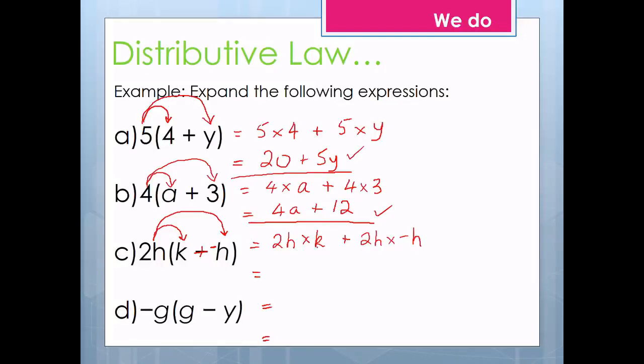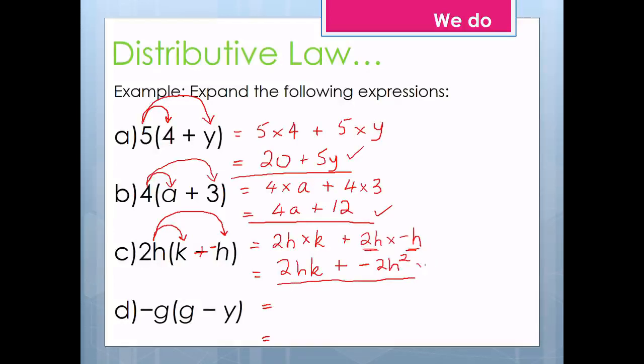2 times h times k is just 2hk. Plus 2 times h times negative h. Now, this is a positive term and this is a negative term. So I'm multiplying a positive by a negative and that'll give me a negative answer. I've got 2 and I've got h times h, which will be 2h squared.